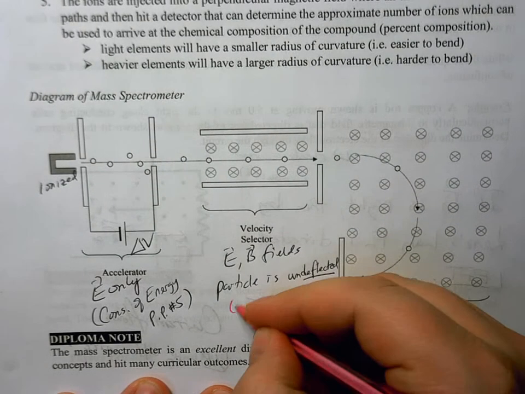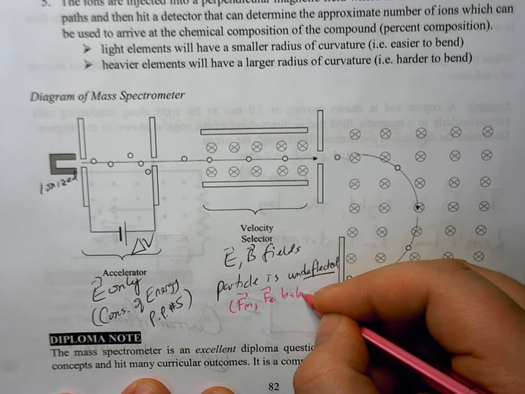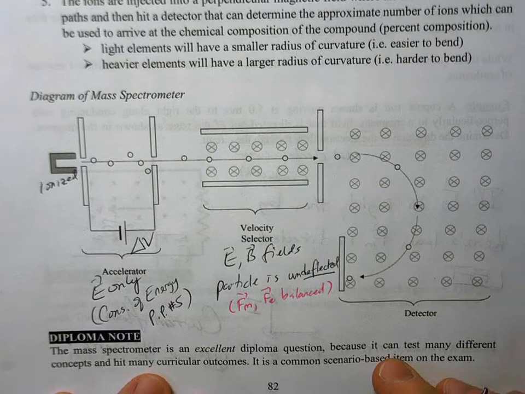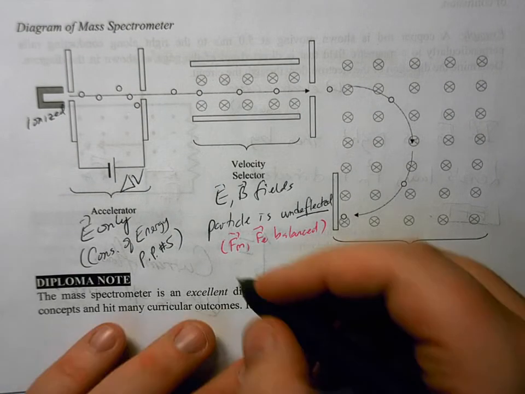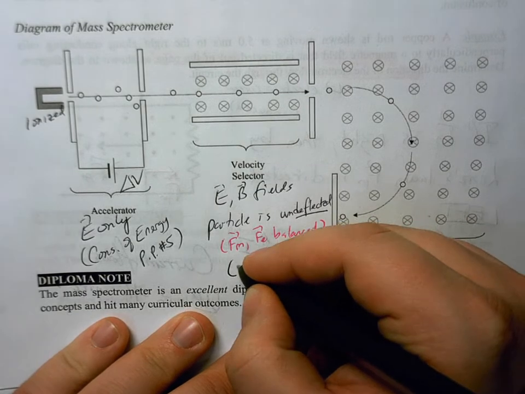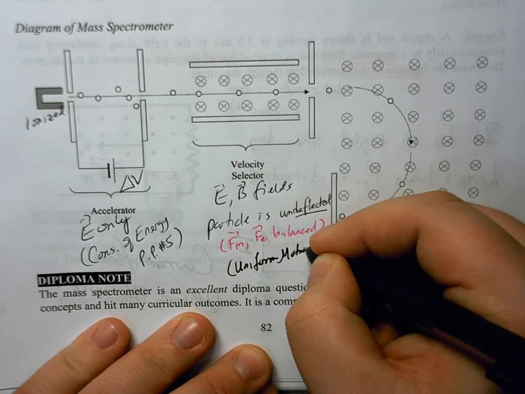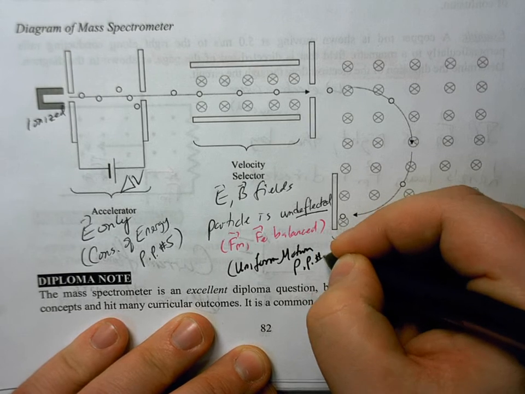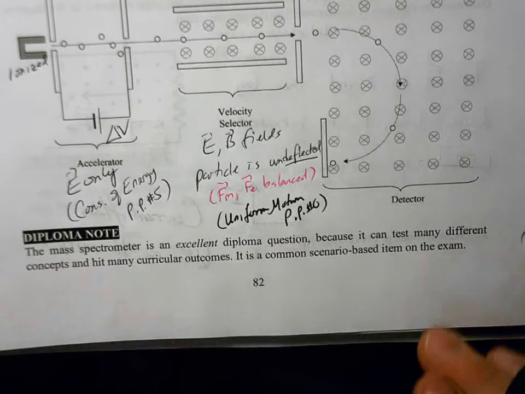This also means that the magnetic force and the electric force are balanced in this region. If they're balanced, we know the net force acting on something is 0, so this is just going to be uniform motion, or physics principle 0.